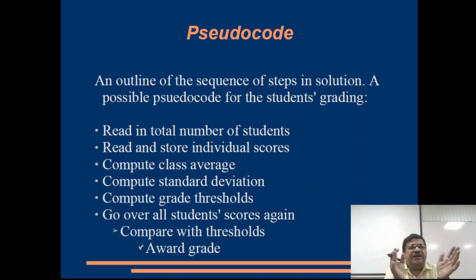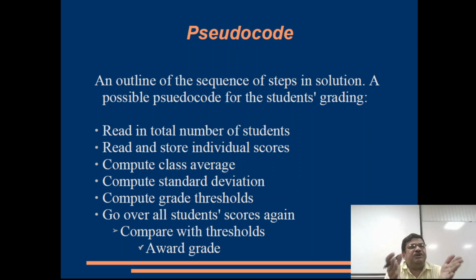So, the idea is, starting from the input information, whatever information is given to you, how are you going to process that information, what kind of transformations are to be applied on that input data? Write it down in a sequential fashion, one after the other, and that forms what we call pseudocode.